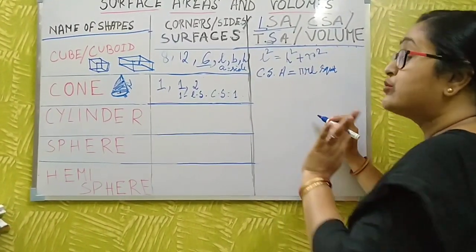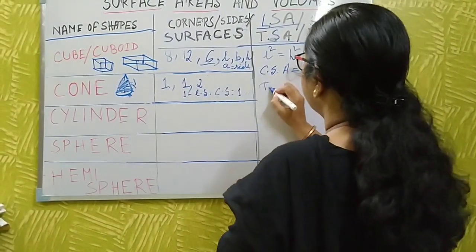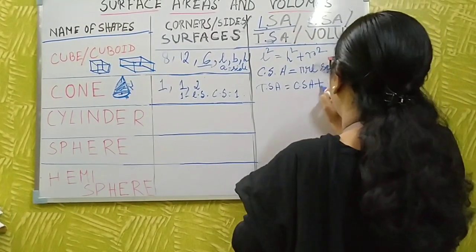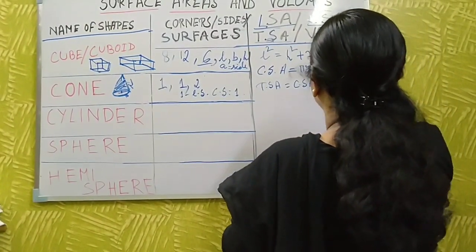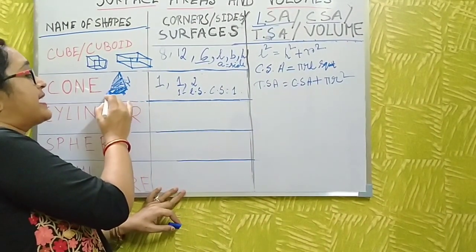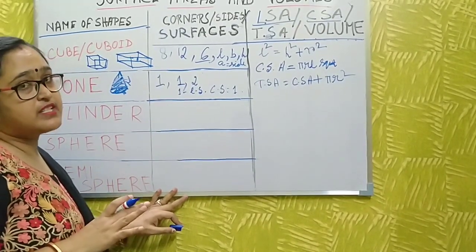Now the total surface. The question comes from the total surface. Total surface means curved surface area plus floor. The floor is this circle, the area of the circle. All of you know pi r square. You already know the area of a circle is pi r square.